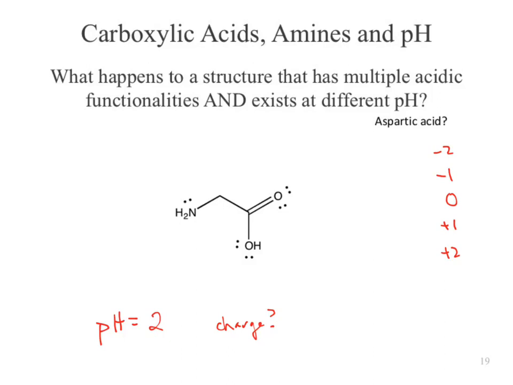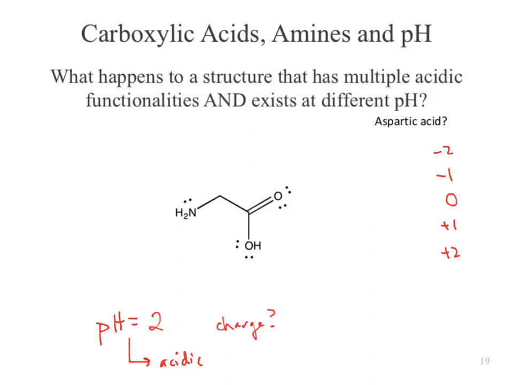What does it mean to be at a pH of 2? You are in an acidic environment. There is an excess of H+. When I take a look at the amine functional group, how does an amine act? It acts as a base. What kind of environment am I in? Acidic. So what should the amine be?